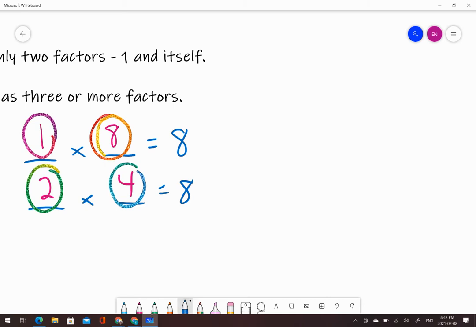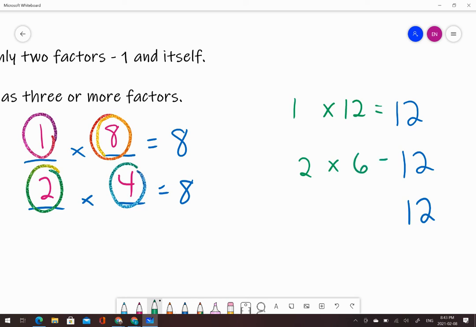12 is a great composite number because there are a lot of different ways that I can make 12. I can make 12 by multiplying 1 times 12. I can multiply 2 times 6, or I can multiply 3 times 4.